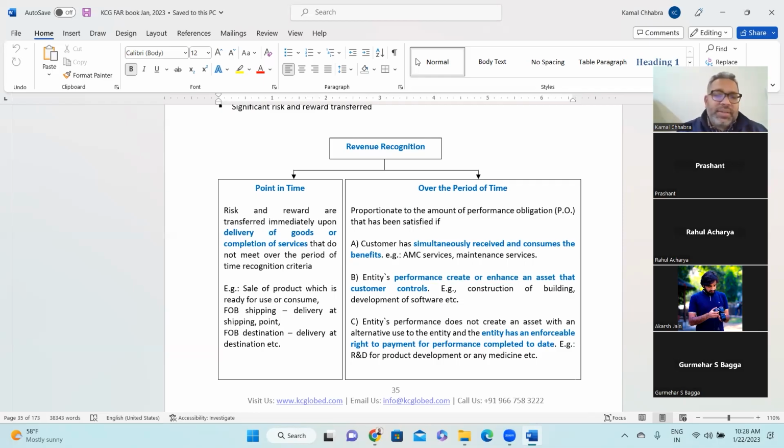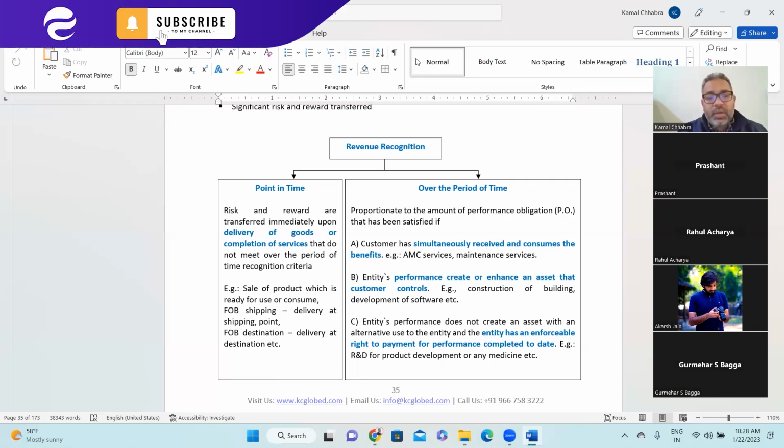First is that the risk and reward are transferred immediately upon delivery of the goods or completion of the services that do not meet the over-a-period-of-time recognition criteria. That means whatever meets the criteria of over a period of time needs to be recognized over a period of time, and whatever does not meet that criteria comes under point in time.